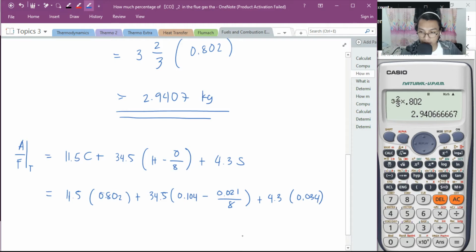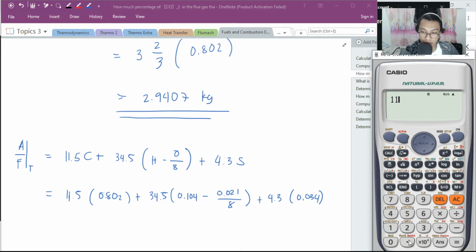Yun. Hanapin natin theoretical. 11.5 alpha A plus 34.5 alpha B plus alpha C divide by 8 minus to, plus 4.3 alpha D. Calculate the values: 0.802, 0.104, 0.021, 0.034.